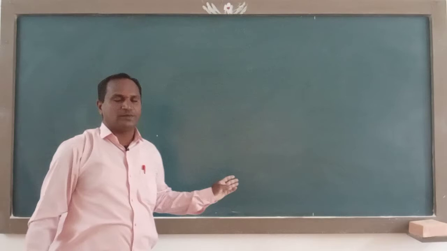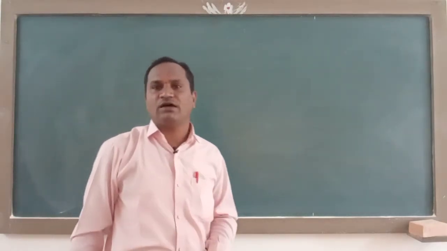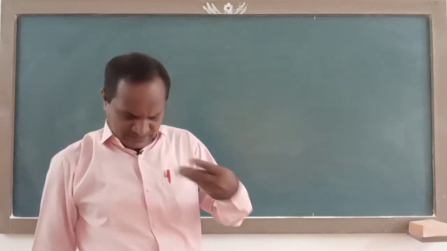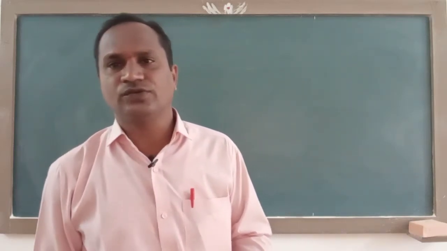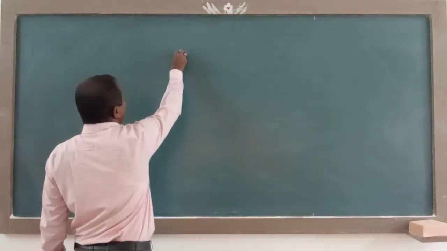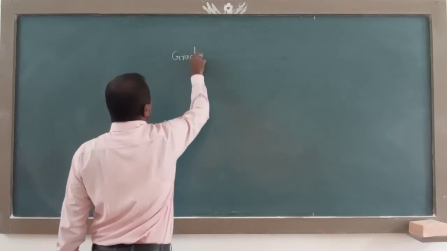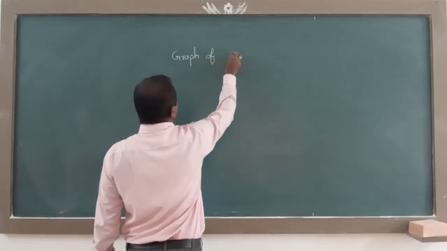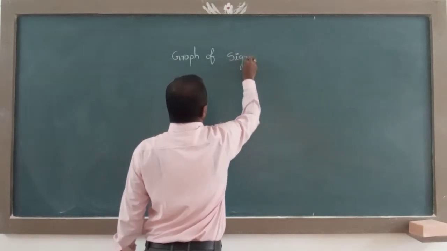We have just finished the problems of the signum function. Let us now check the graph of the signum function. By seeing that graph also, easily we can tell f of x is discontinuous. How, I will show you now. Graph of the signum function.